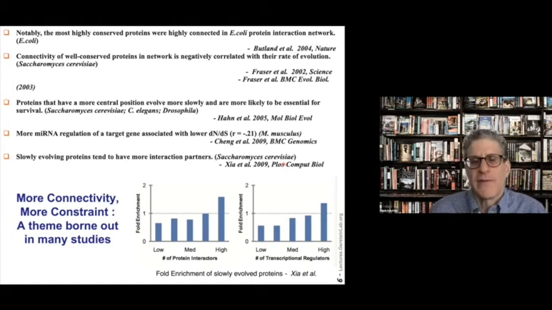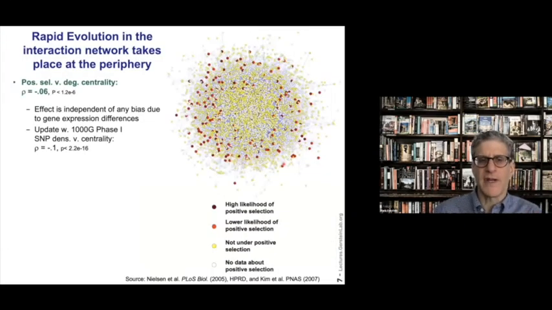There's many measures of how fast things evolve, like dN/dS would be one particular measure, or there's population genetic things. And in many different contexts, regulatory networks, microRNA networks, protein interaction networks, whatever, people have found that the hubs tend to be more conserved.